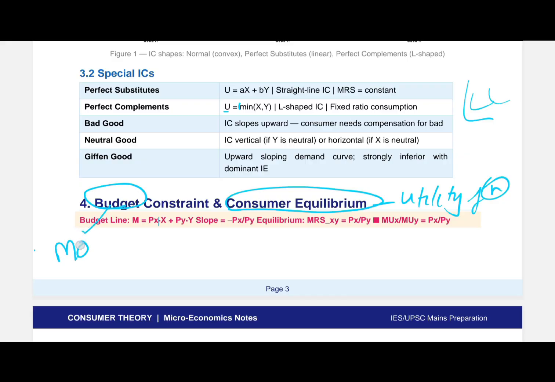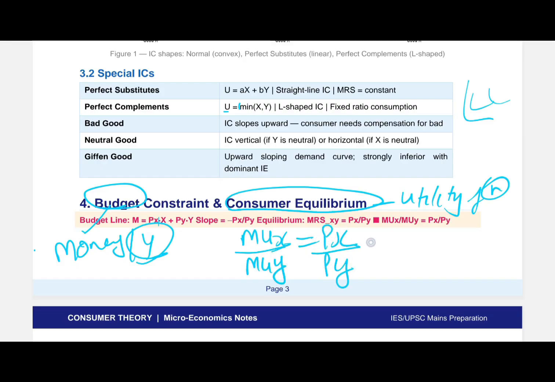Budget means the money or income has a limit. Mathematically, our maximum consumer equilibrium is where marginal utility of x upon price of x equals marginal utility of y upon price of y, which equals the marginal utility of money.